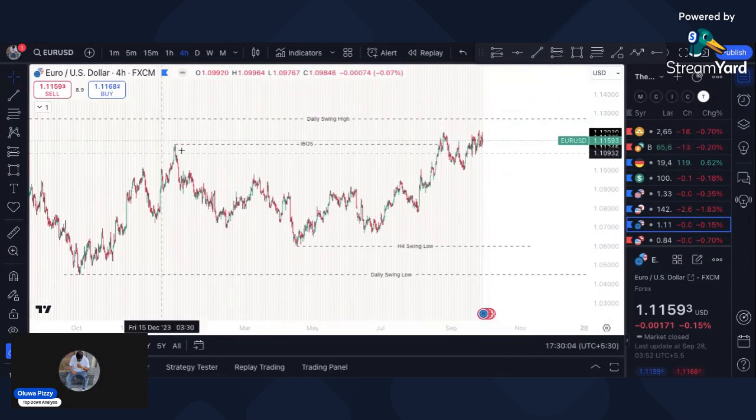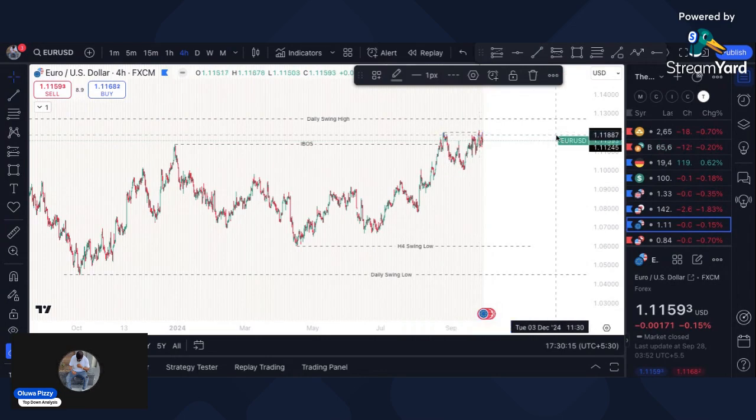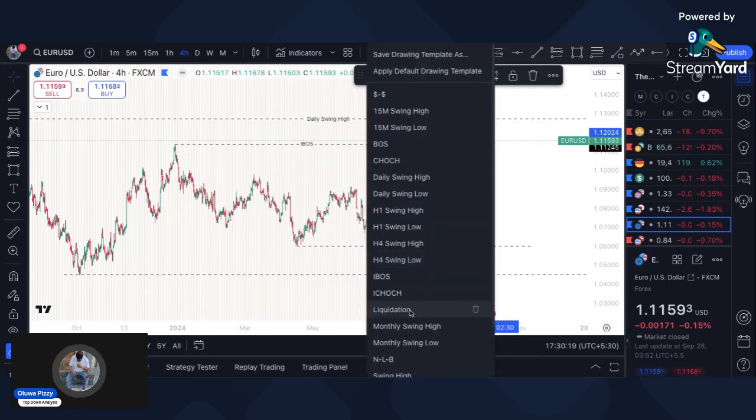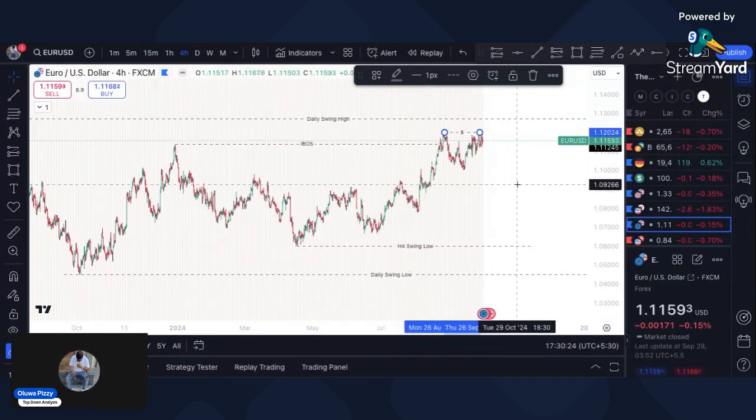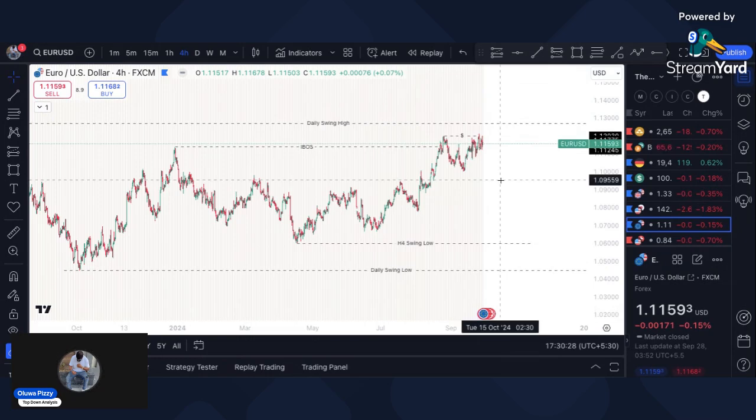Now it has been broken, and this is our new high, but it has been broken as well. But it's weak. So we're gonna call this a liquidity. Don't worry, in future videos, I'm going to teach you all this, okay? But for this lesson, it's just top-down analysis from a higher time frame down to a lower time frame.